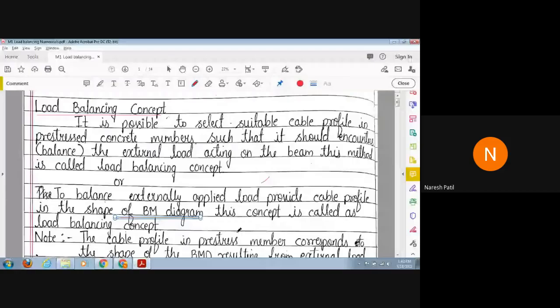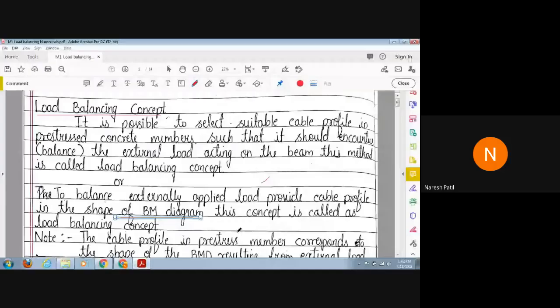Whatever the load acts over the section, when the beam bends, that cable profile will resist the moment. That's why you can change the cable profile with respect to the shape of the bending moment diagram.